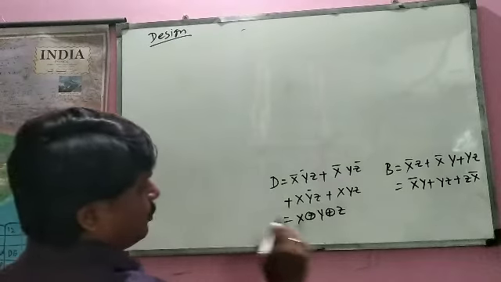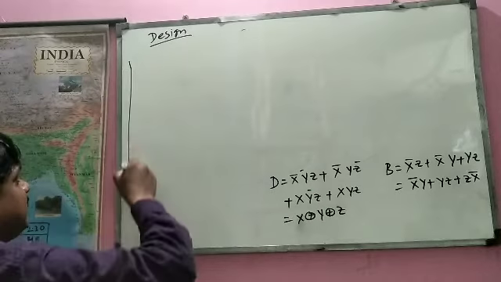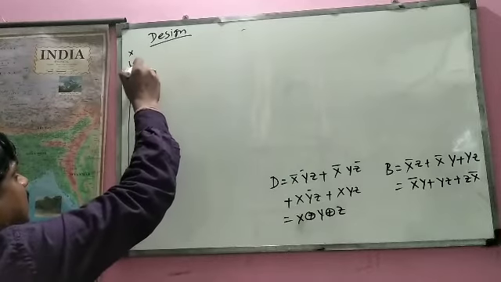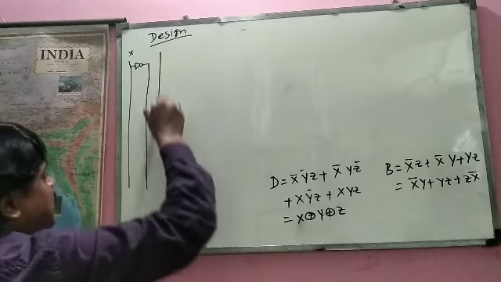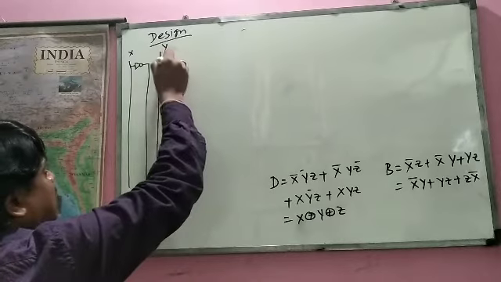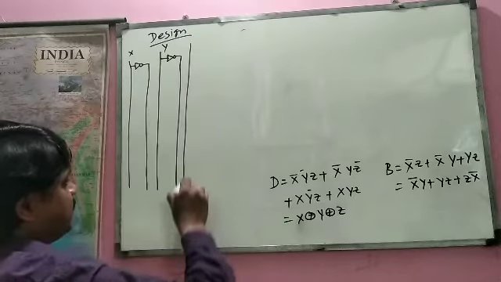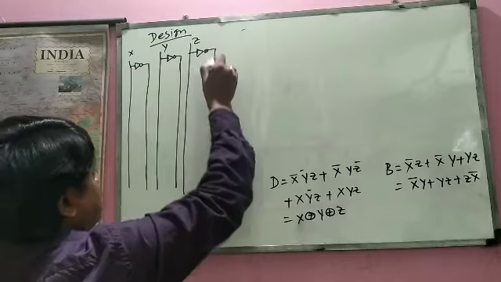There are 3 inputs, X, Y and Z. First is X, and at the same time we take X bar. Then Y, and Y bar. Then Z, and Z bar.